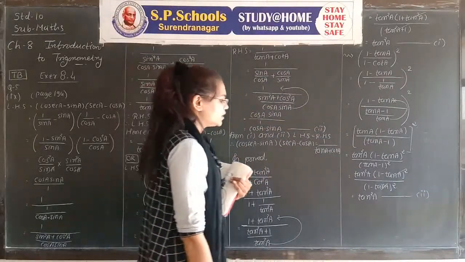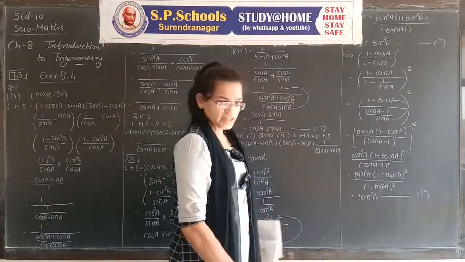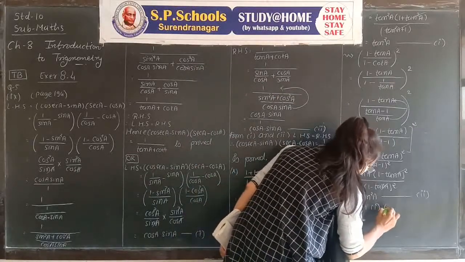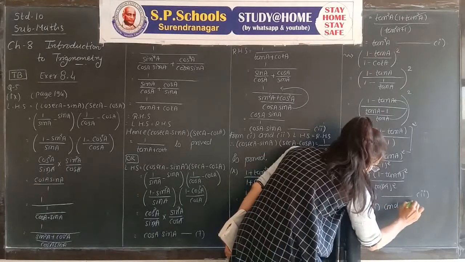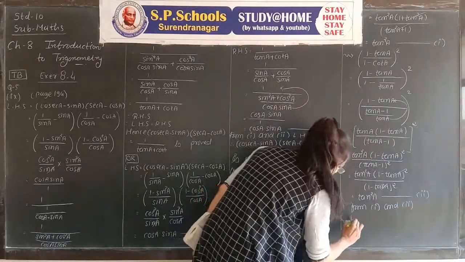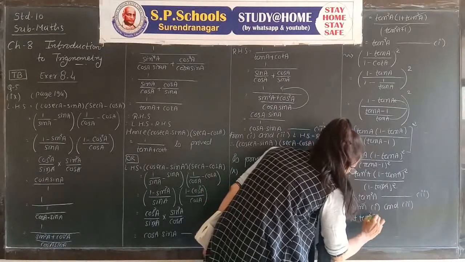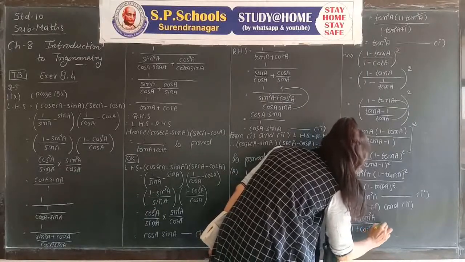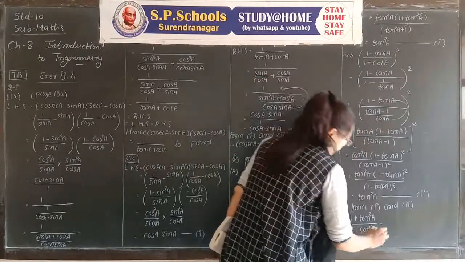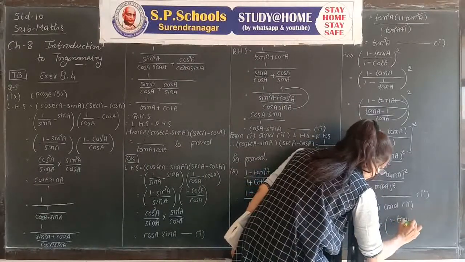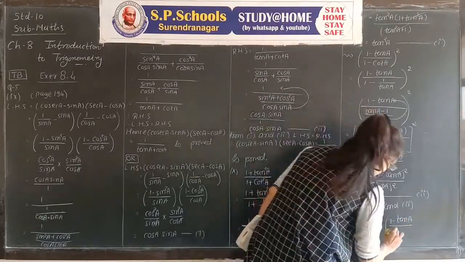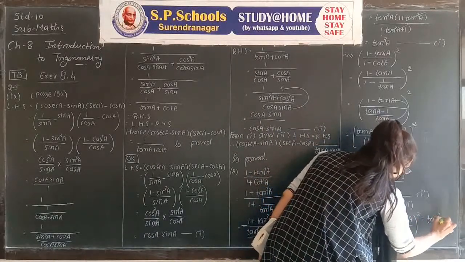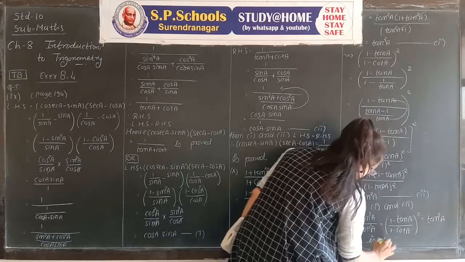Result number 1 and result number 2 give us the third, tan square A. Therefore, from 1 and 2, the first is 1 plus tan square A upon 1 plus cot square A is equals to (1 minus tan A upon 1 minus cot A) whole square is equals to tan square A.